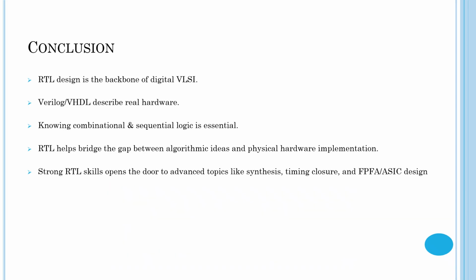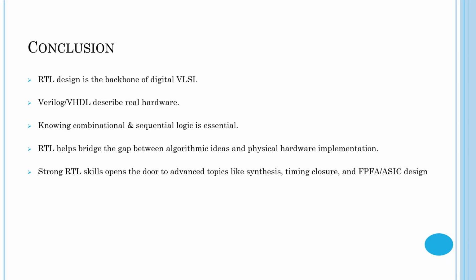RTL design is the backbone of digital VLSI systems. At this stage, we are no longer just writing code. We are describing real hardware that will exist on silicon. HDLs like Verilog and VHDL allow us to convert ideas into logic circuits made of flip-flops, registers, combinational paths, and sequential elements.